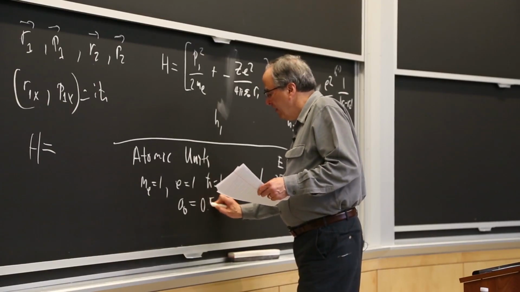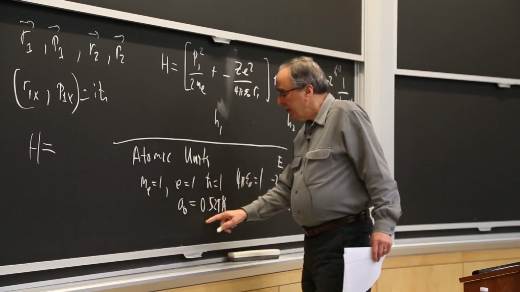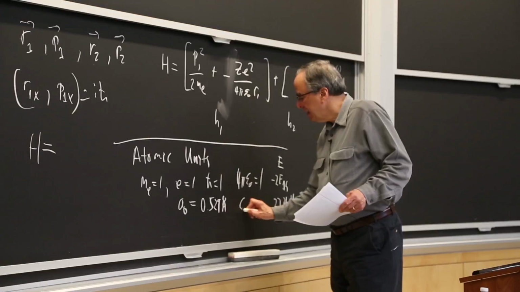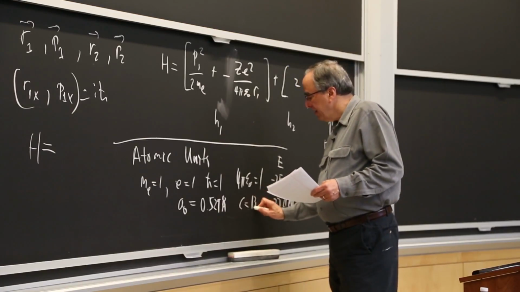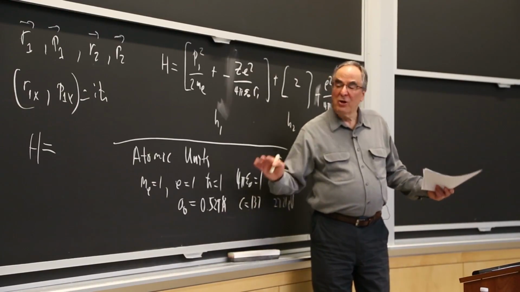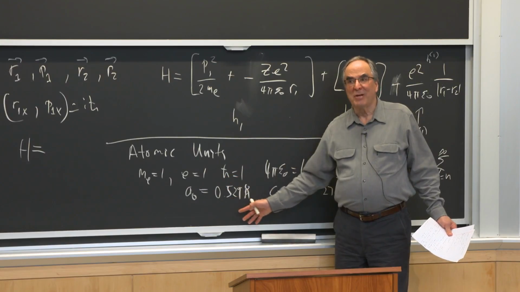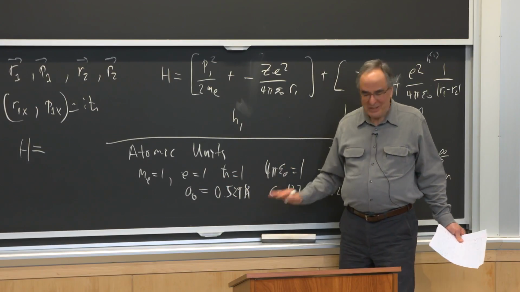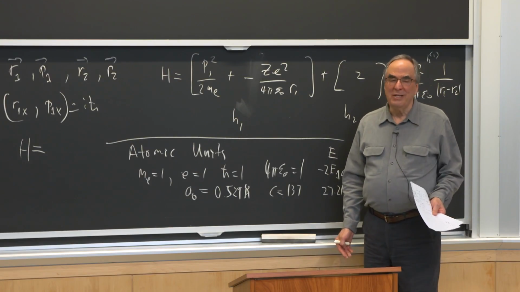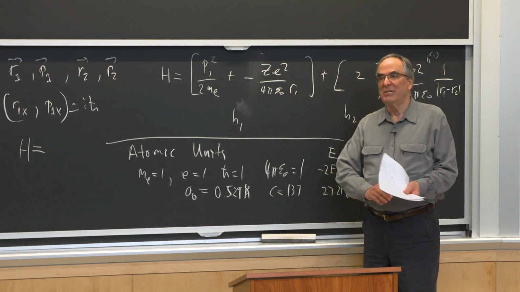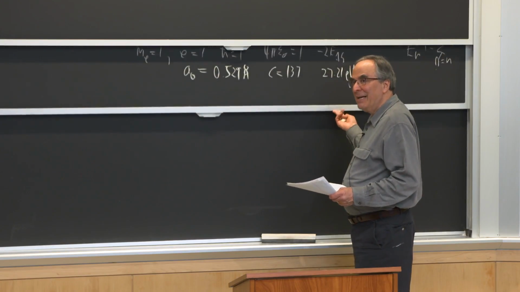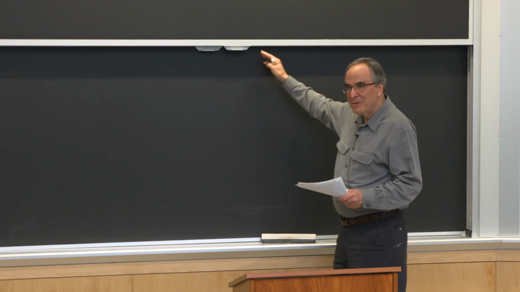And that's 0.529 angstroms, with a lot more digits if you need them. And the speed of light is 137 in atomic units. So everything that you're going to need is either 1 or something that is related to it. So you can do this, and I don't like it because it's so easy in a big calculation to get your units screwed up. But it's certainly great for lecturing and perhaps for writing computer programs.